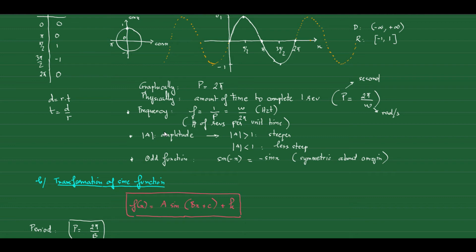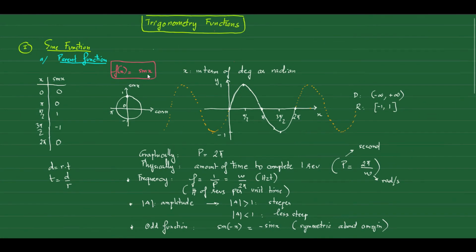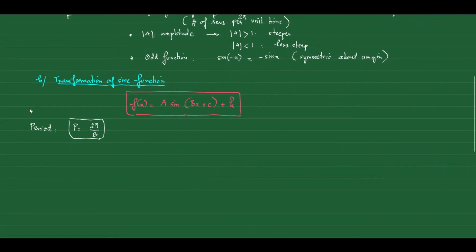But how many units is the graph shifted to the left or right? In the parent function it's not shifted, but now it is. To find how much it is shifted, we call it the phase shift. The phase shift can be calculated by setting the inside equal to 0, so x equals negative c over b.